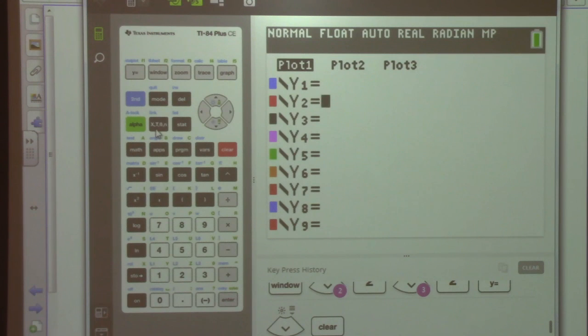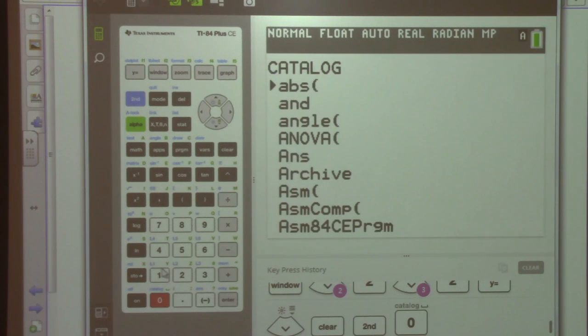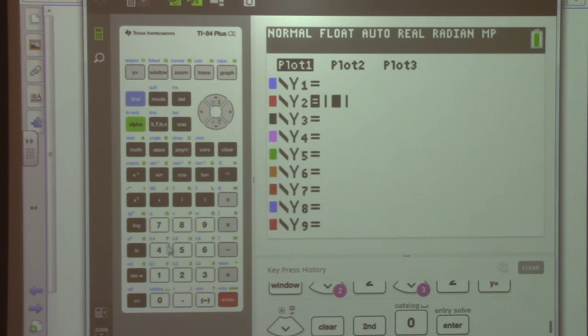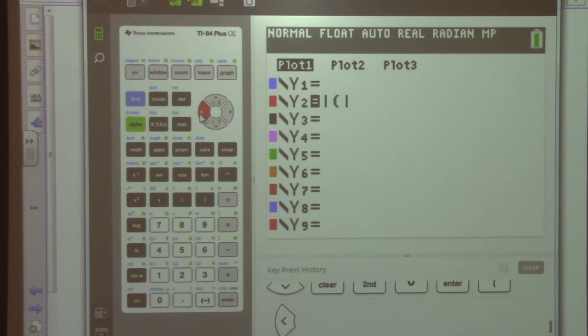So 7/5. What you can do with this is you can just put it like they had it originally if you want to. Like this. Oops, actually it was like this.